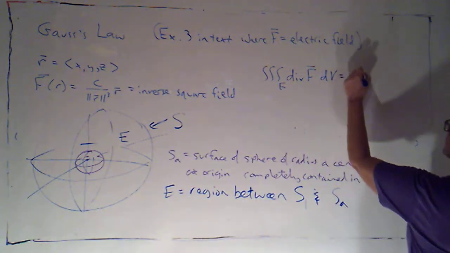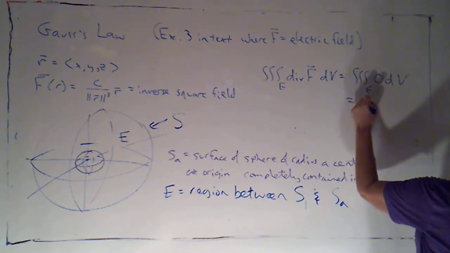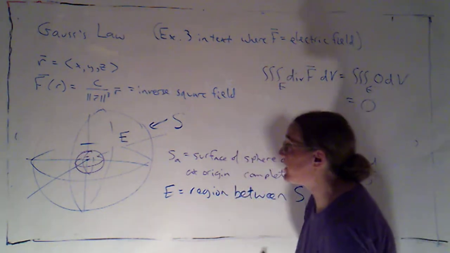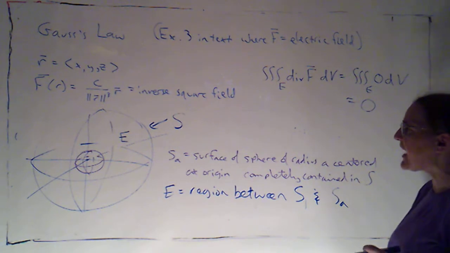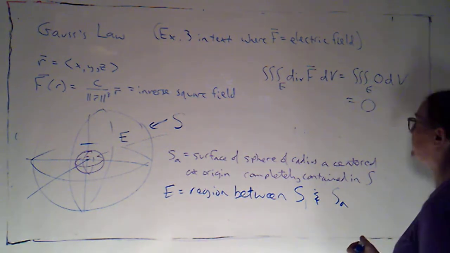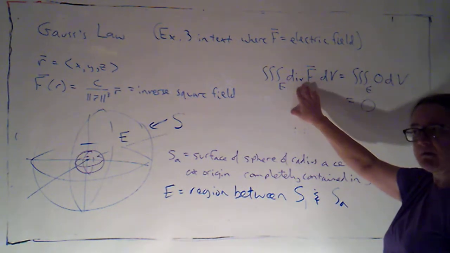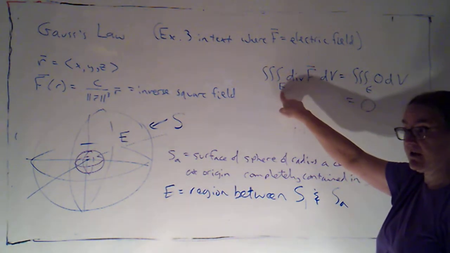So this is just the triple integral over E of 0 dV. That's just 0. Okay. So over this region, I can apply things. So now I just have to say, could I use the divergence theorem to say this is the same as calculating the flux across the boundary of E?